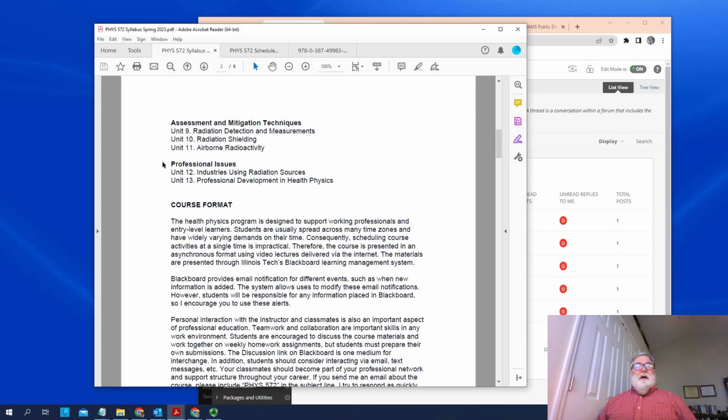And then we'll have units dealing with radiation as a profession. What kinds of employment are available? I mentioned medical physics and medical health physics. That's one such discipline. A lot of health physicists work in power generation, nuclear power plants. Others work for the Department of Energy on defense and other issues.